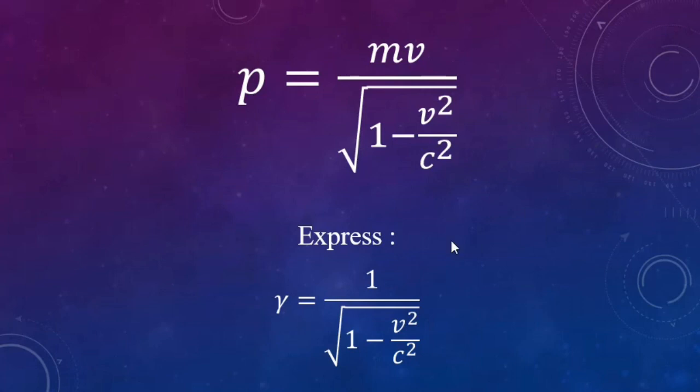You can see here that as the velocity approaches the speed of light, the factor 1 minus v squared over c squared is less than 1, and 1 divided by a number smaller than 1 will be a higher number. That means relativistic momentum is actually higher than the momentum when the object is not approaching the speed of light. So there was an increase in momentum, which, as we have mentioned, was attributed to the relativistic mass of the object.